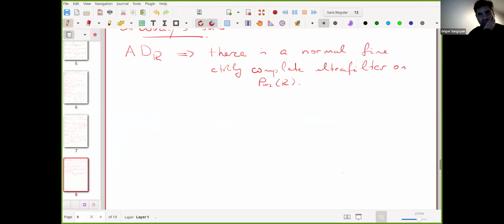Okay, so let me tell you what these things mean. So definition.